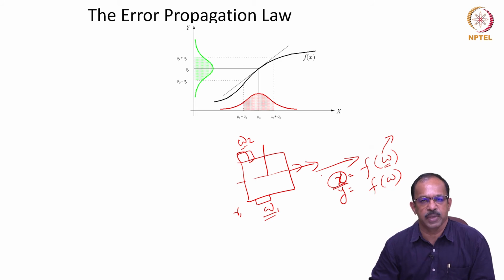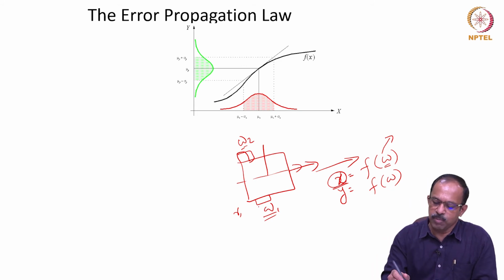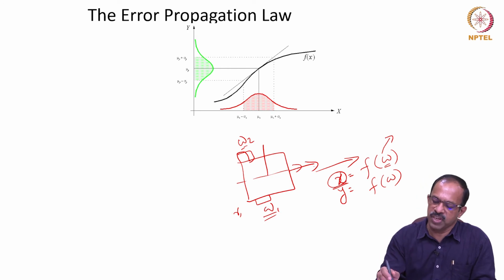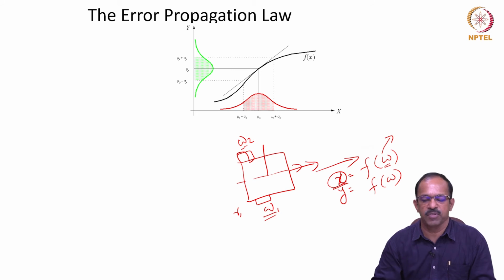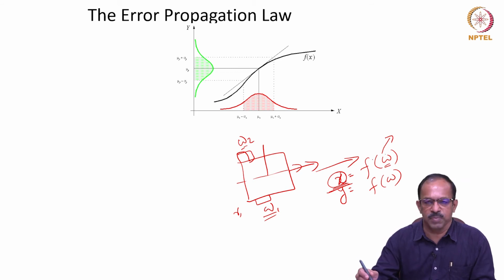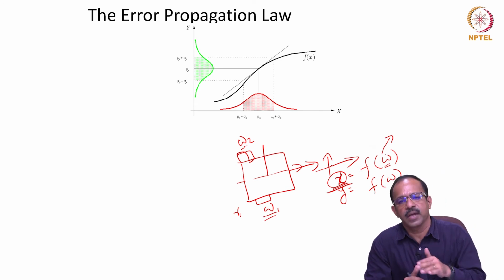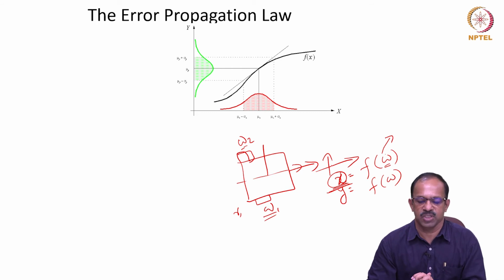I need to estimate this, because I know only about the sensor and the sensor characteristics, and based on that I need to find out the approximate error in the position x if I calculate x using the value of omega. This is known as the propagation of error from the sensor reading to the estimated position of the robot x.